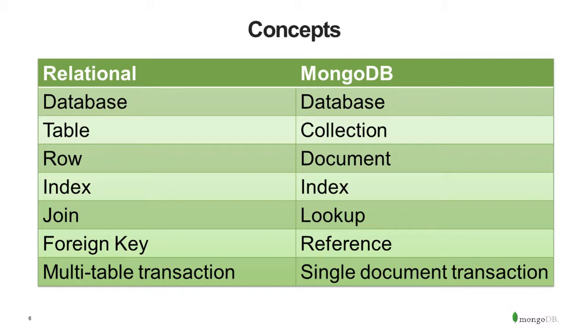In relational, one of the key values of ACID is the idea that we can do multi-table transactions. So the ability to run updates on several tables and have them see a single transformation at one point in time. We don't have transactions across multiple documents or multiple collections, but each update to any single document is guaranteed to be transactional.